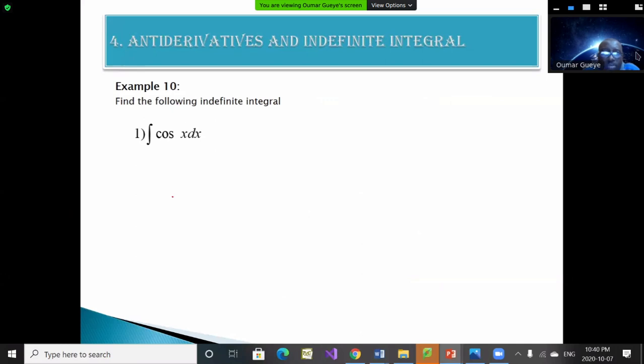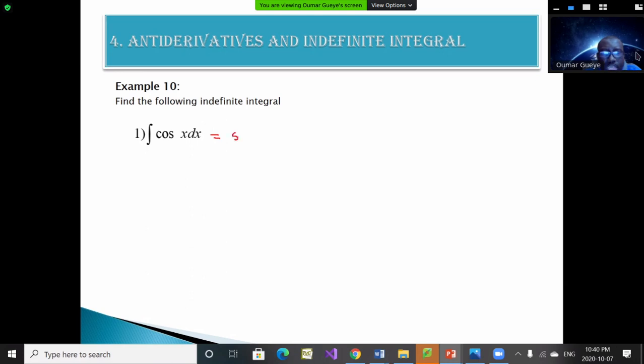All right, first example here. For this one, the integral of cosine of x. What is the antiderivative of cosine?